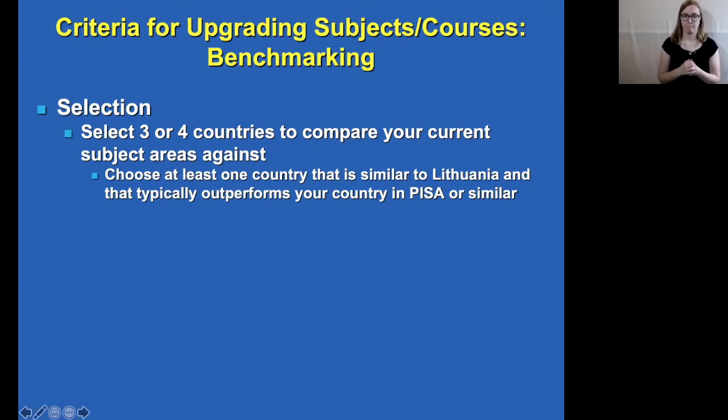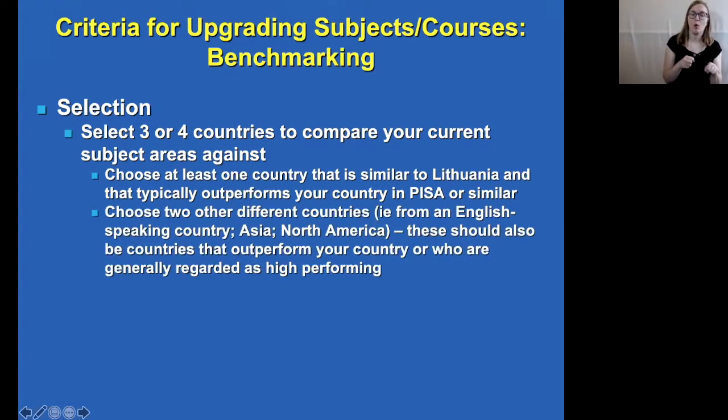As I said, one that's similar to you and typically outperforms your country. 2 others from English-speaking countries, these countries that outperform your country, but they may be seen as valuable in that subject area.